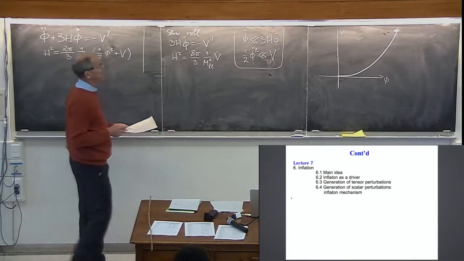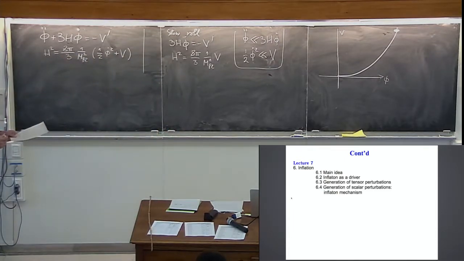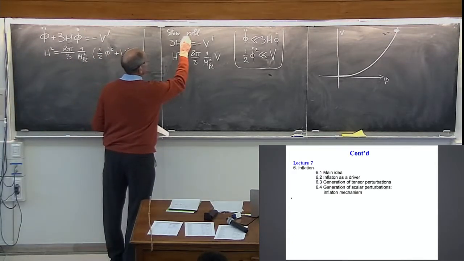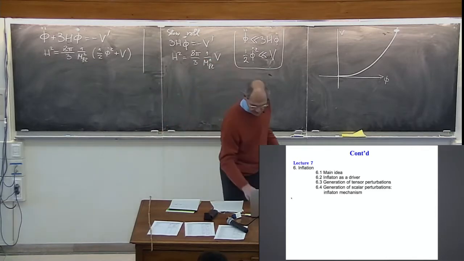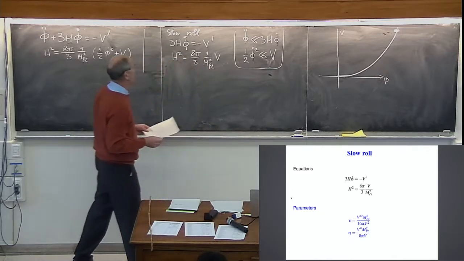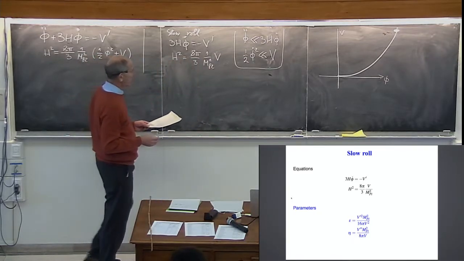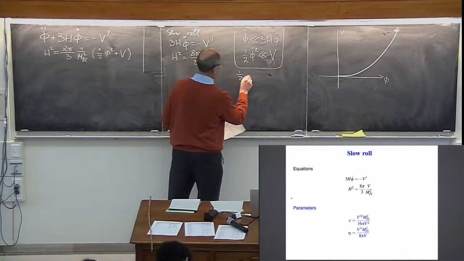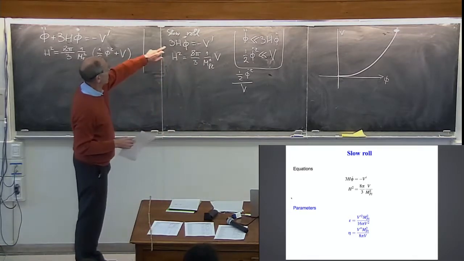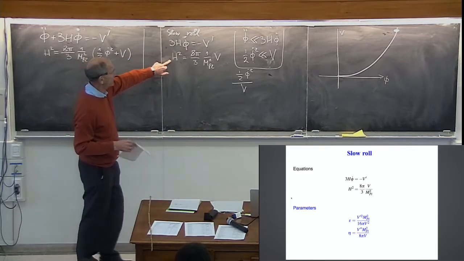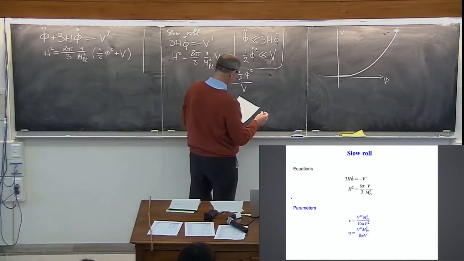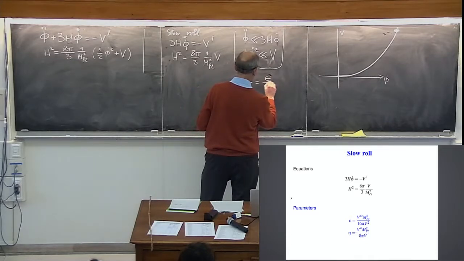So what is the requirement for these conditions to be satisfied? Well, straightforward. You use these two equations and figure out this 1/2 of phi dot squared over v. You know what phi dot is here, you know what h is here, so you just take the ratio of things which are known, and you get that it's equal to epsilon over 3.